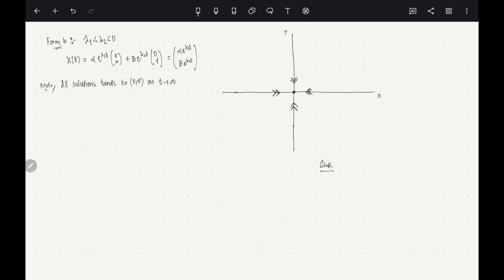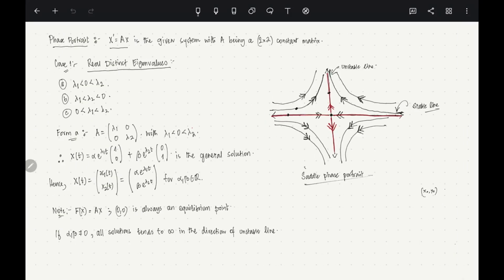The question is, how do they approach the origin? The phase portrait won't look like the earlier one, where in one direction it is moving towards the origin and in the other direction it is moving away.